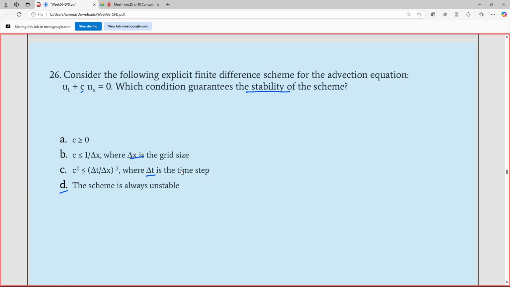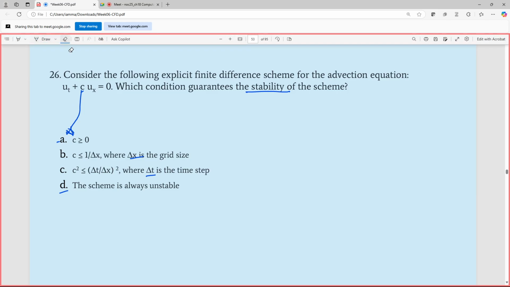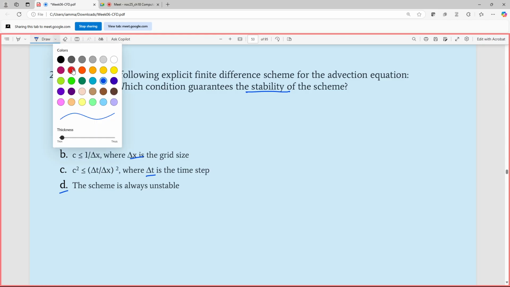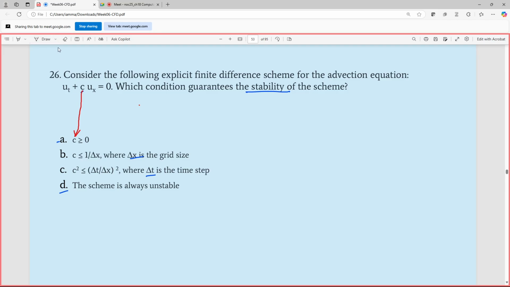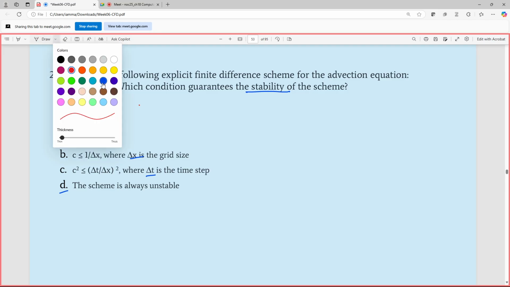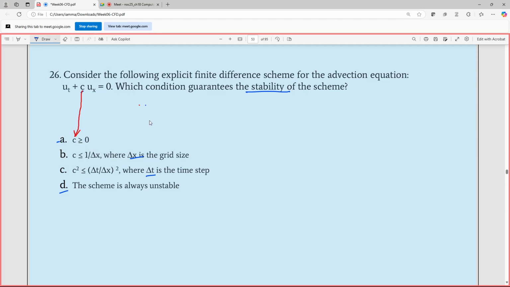Option A, c greater than or equal to 0, where c is the advection coefficient.